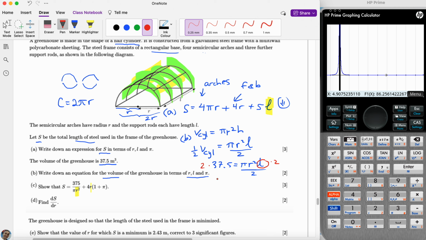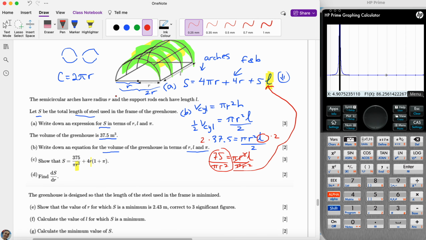So this is going to be 75 equals pi r squared L, and then we divide both sides by pi r squared, and that nicely travels up and goes in there.